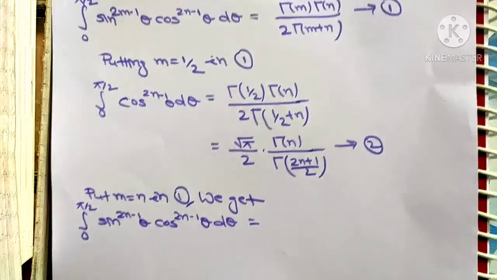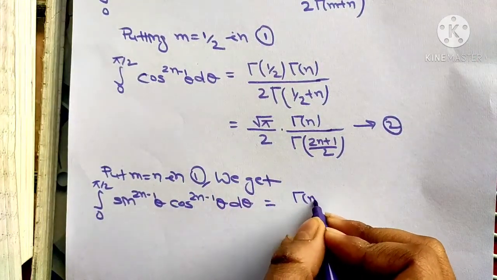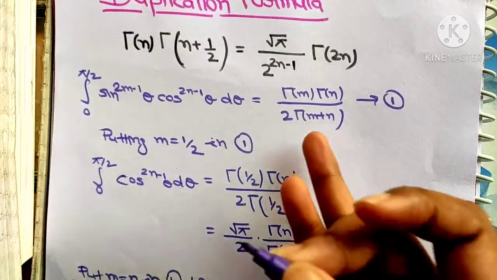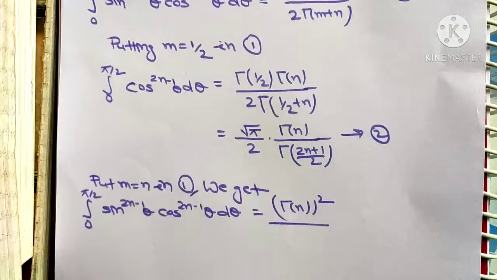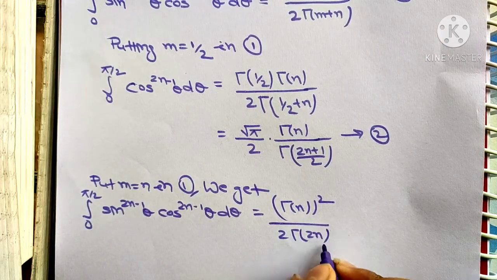This will become gamma n, so this will simply be written as gamma n whole square upon 2 times gamma (n plus n). This means gamma of 2n.